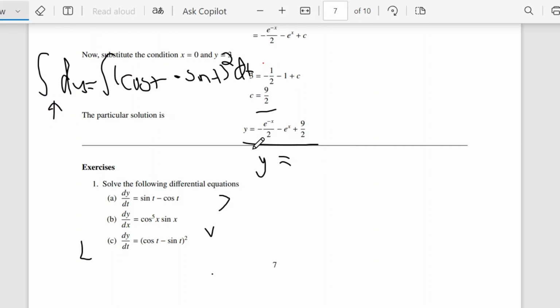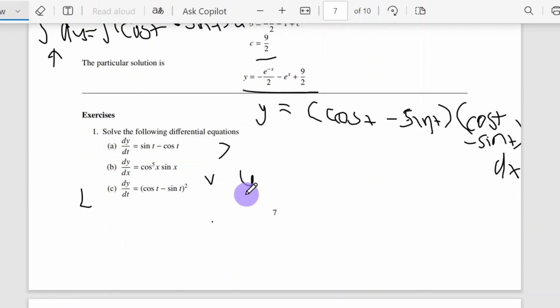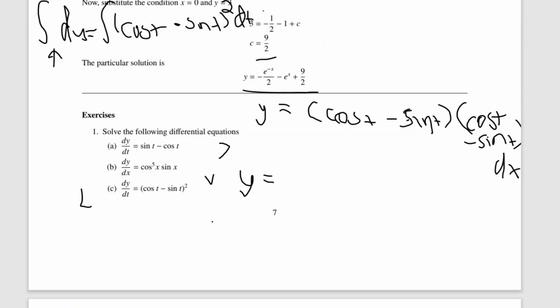Expanding is very tiring because now we have to say cos t multiplied by cos t, or we can just write it nicely like this: (cos t minus sin t) times (cos t minus sin t) dt. So this multiplied by this, it will be cos square t, right?